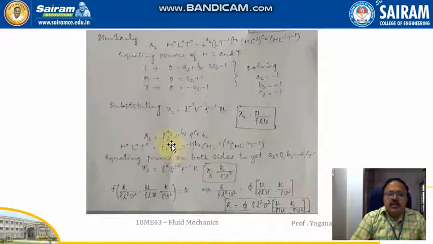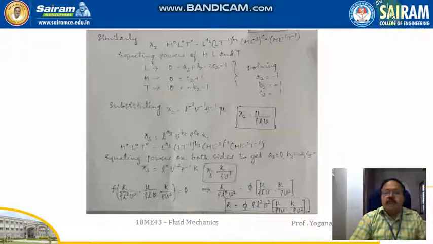Then the powers of L, V, rho and K are written here. Equating the powers on both sides, we get A3, B3, C3 and substitute them back. Then I have f of pi 1, pi 2, pi 3 equal to 0. Then the equation for the resistance R of the supersonic plane will be written in terms of the other variables. Thank you, friends.